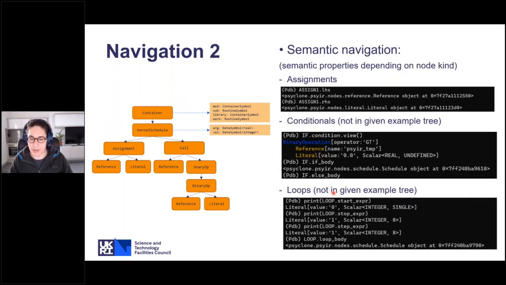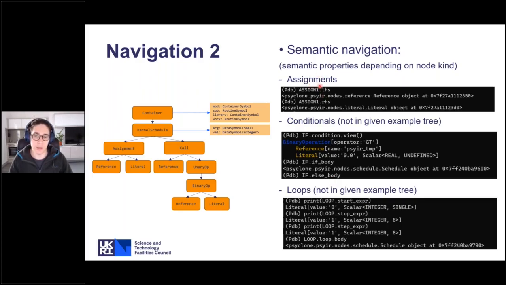But then we have another class of operations to navigate the tree, and these become very handy when you already know what node you are in, maybe because you just walked into these trees and said what type you are expecting it to be, or maybe you just created this tree. Then we offer these properties that are only available for that specific kind, but are much more expressive of what you are doing.